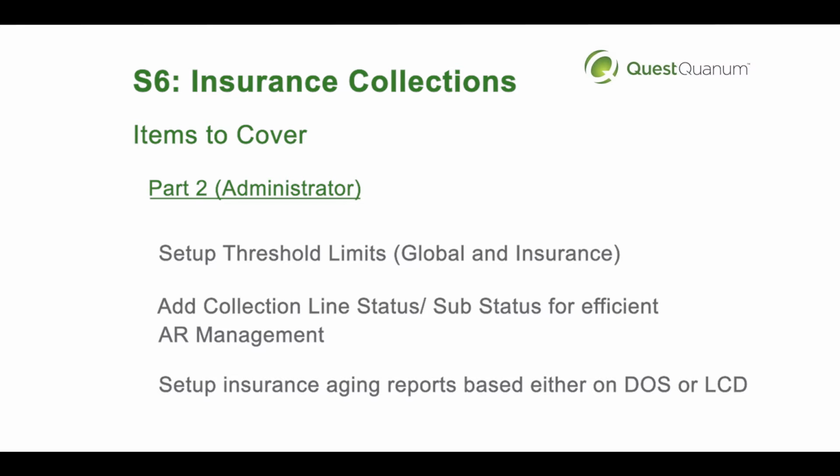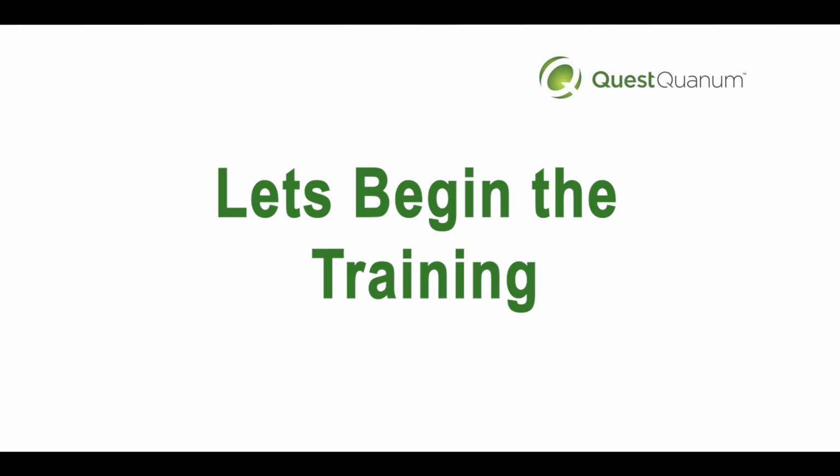Set up insurance aging reports based either on date of service or last claim date. The first two of these are for the collections manager, and the third one is primarily for the reports. So let's begin the training.